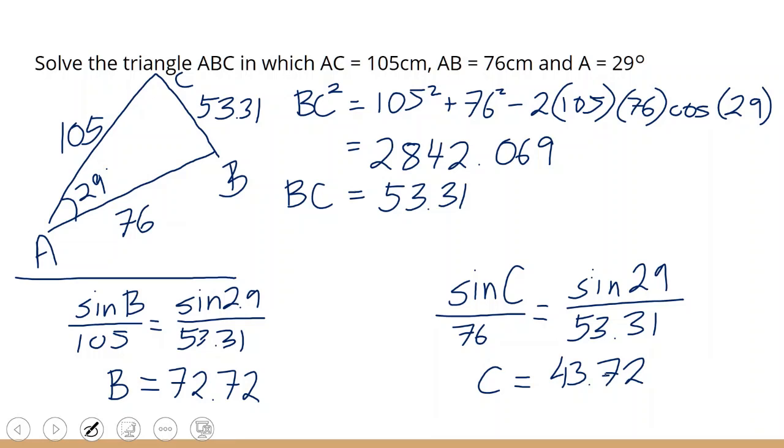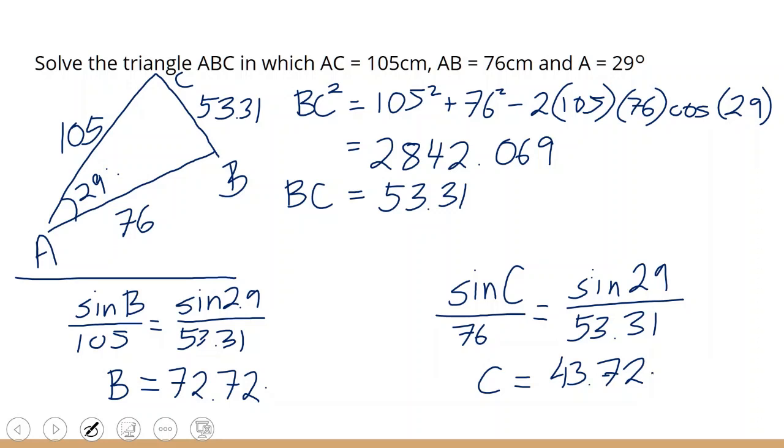you might see there's something off. You'll see that if you added these three angles, 29, 72.72, and 43.72, you actually do not get 180. So we see that there is something wrong. In this case, it's likely that one of these angles is actually the obtuse angle, and we're going to need to find the other place where sine are equal to these values.